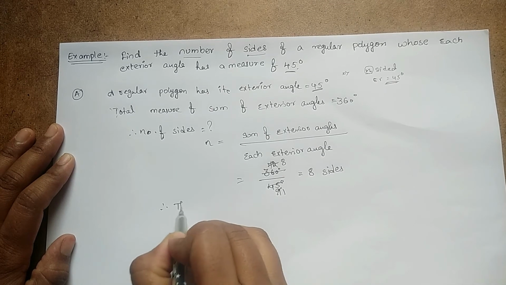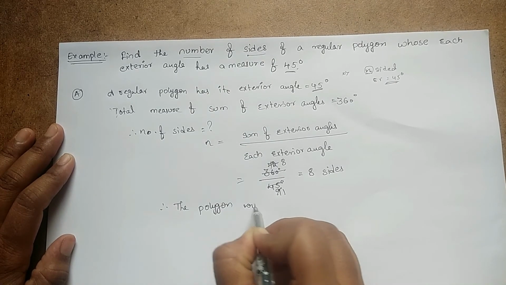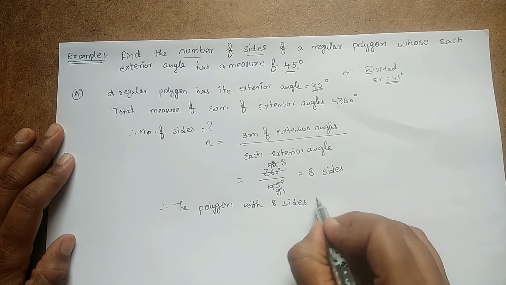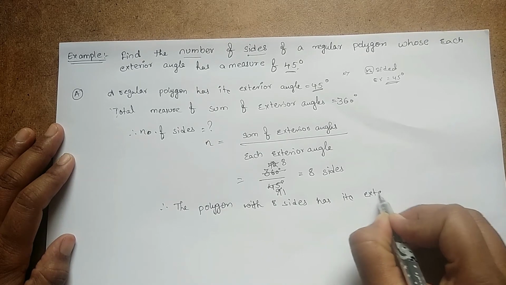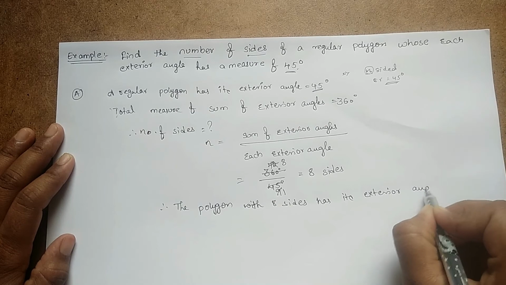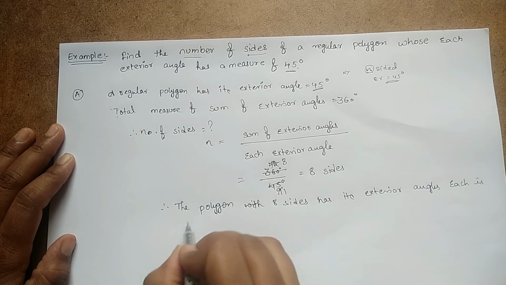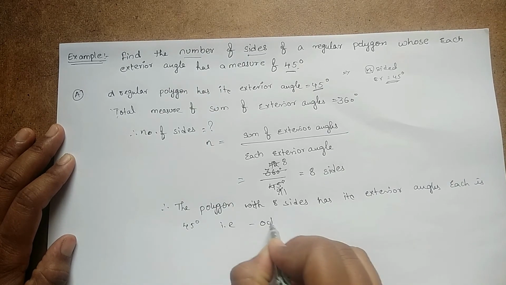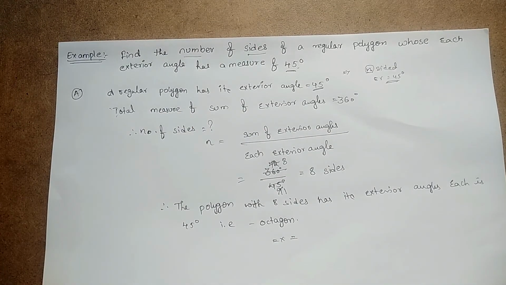So the polygon with 8 sides has its exterior angles each 45 degrees, and that is an octagon. This is the answer.